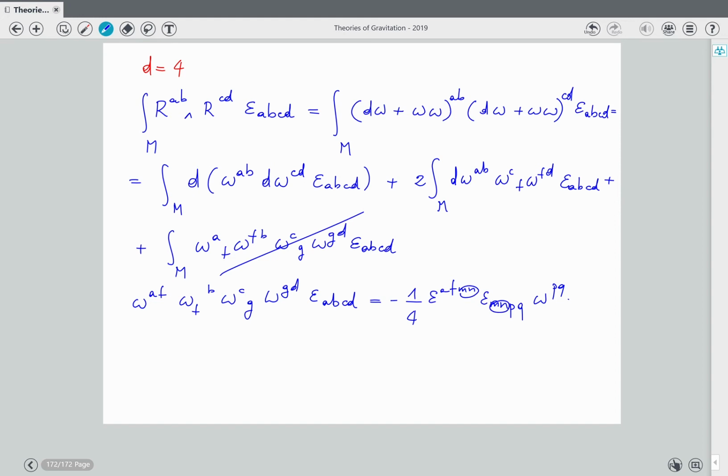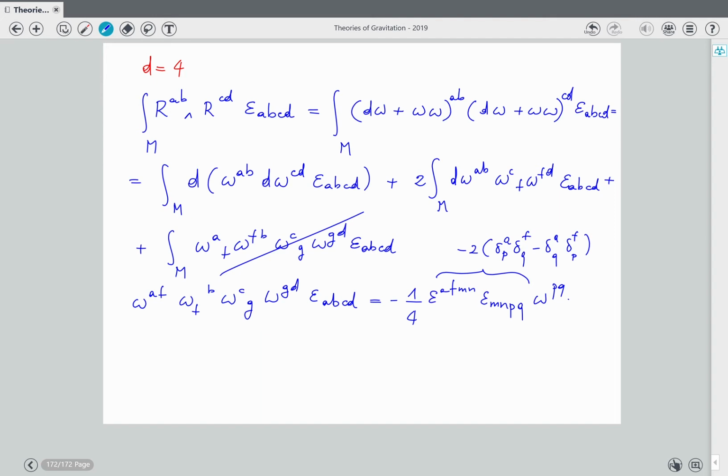So those two epsilons just give minus 2 delta AP delta FQ minus delta AQ delta FP.